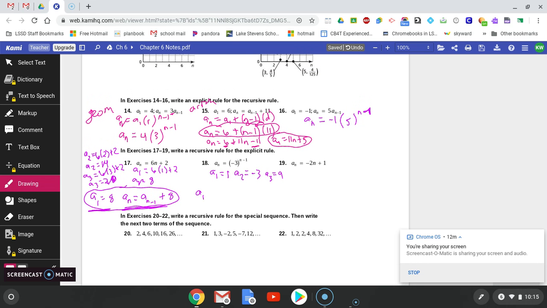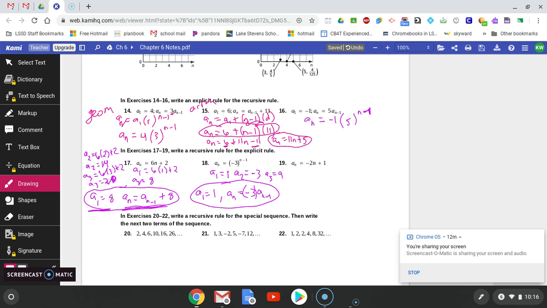A sub 1 is equal to 1, and then a sub n is equal to my previous term times negative 3. So negative 3 times a sub n minus 1. Again, if you want to put parentheses around the negative 3, you can. You don't have to, but you do have to have both parts, the a sub 1 equals and the a sub n equals. And we'll try number 19.